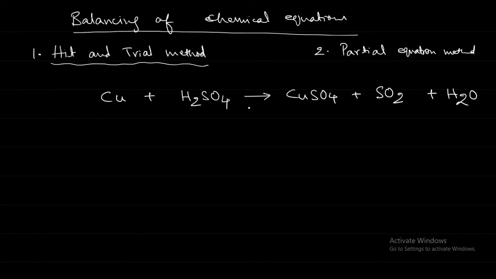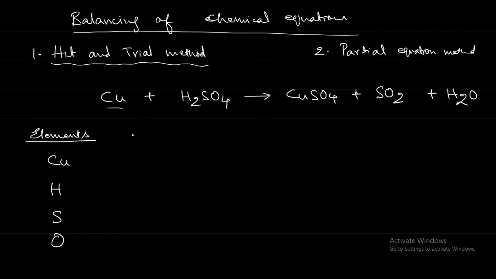We have to write what the elements are. You can tell me one by one what the elements are. Copper is there. Next, hydrogen is there. Sulfur is there. Oxygen. Do you think any other elements may be there on the product side? No, sir. Whatever elements are there on the reactant side, only those elements will be there on the product side. New elements are not going to come. New molecules will be formed, but new elements are not going to come.